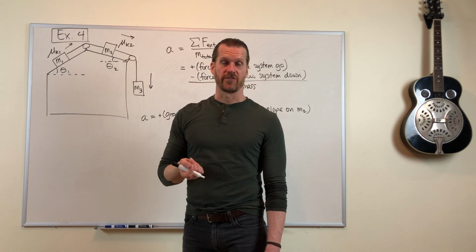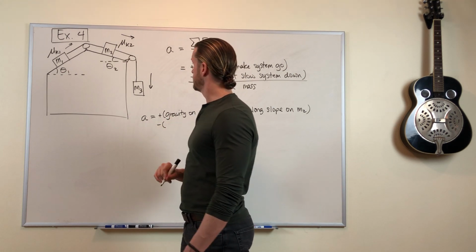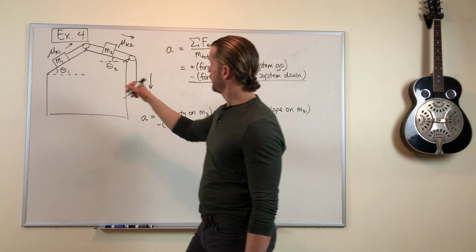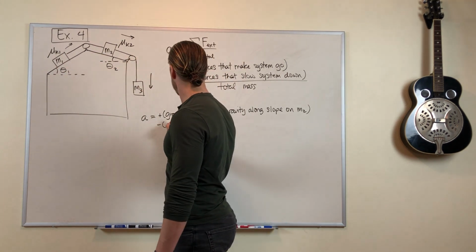Now there's several things slowing the system down, so those are all going to be negative. We have, first of all, the gravity force on mass 1 along the slope.